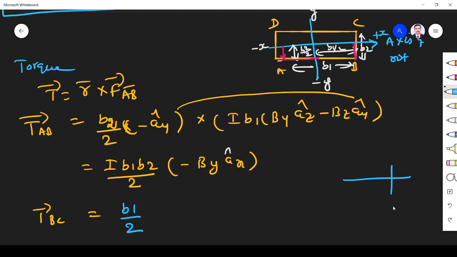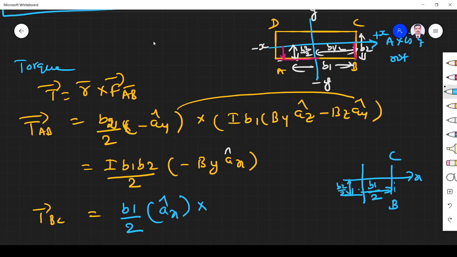I am going to find BC, right, from the center. For this center, it is B1 by 2, right? But for this one, this is the center. Here it is B2 by 2. So B1 by 2, in which direction? It is along the positive X direction, right? It is going along positive X, this side. BC is in plus X side, so AX, right? So what is the force on BC?